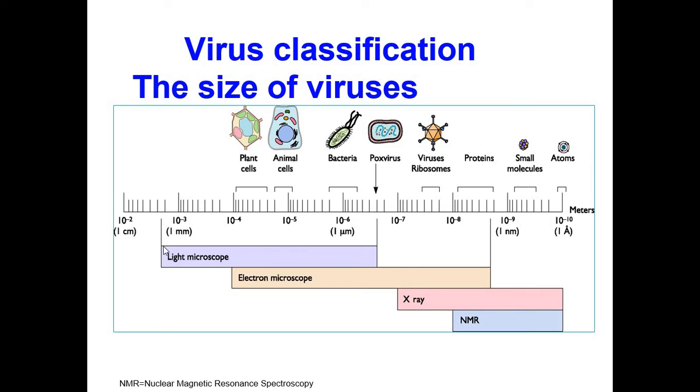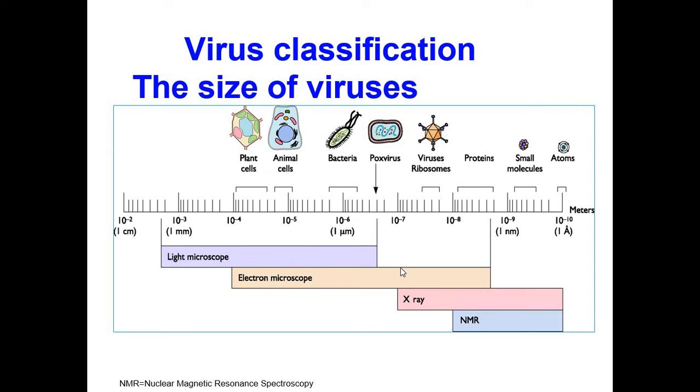Here you can see what the human eye can resolve. After that, the light microscope can resolve different objects from 2 millimeters to below 0.2 micrometer. Even the largest viruses, like poxvirus, can be seen with the light microscope.